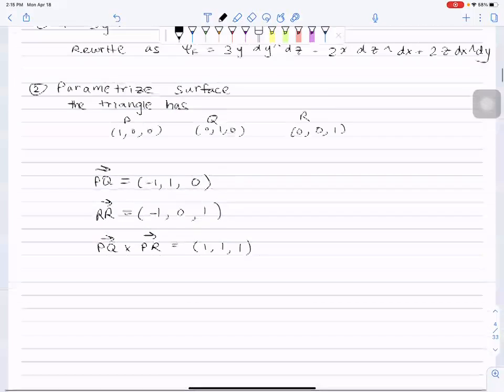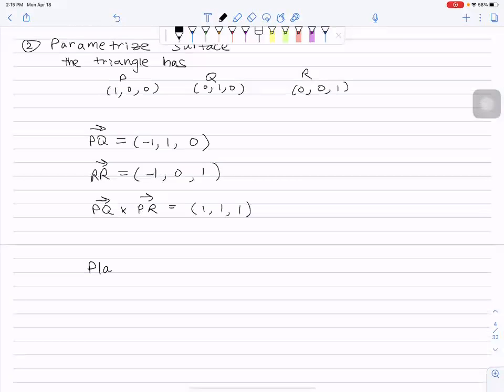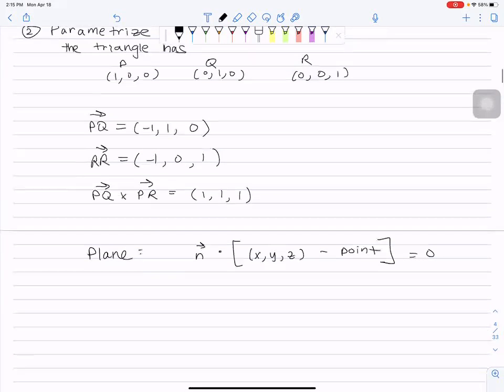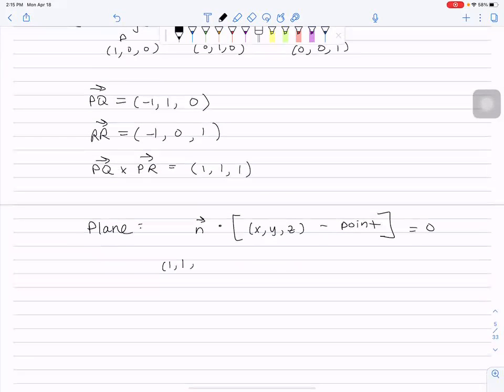And then what's the equation of a plane? By definition, the equation is n dot (x, y, z minus some point) equals 0. Our n in this case is 1, 1, 1. We can pick any point, it doesn't matter which. Let's just pick 1, 0, 0.